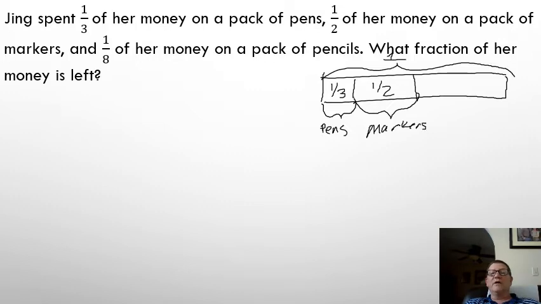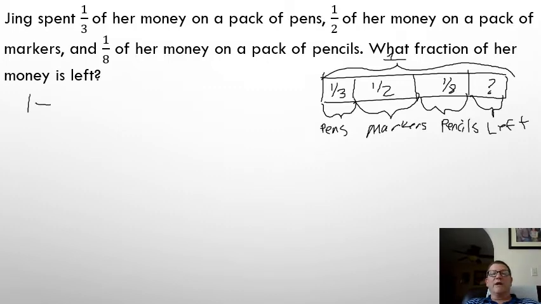And then 1/8 was spent on pencils. And it wants to know how much of her money was left. So that's what we're looking for. So in order to solve for what was left, we're going to end up with 1 minus, and we've got to add all this money that she spent together and subtract it from the whole.